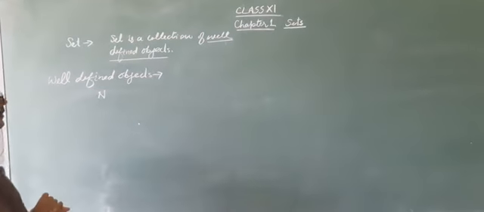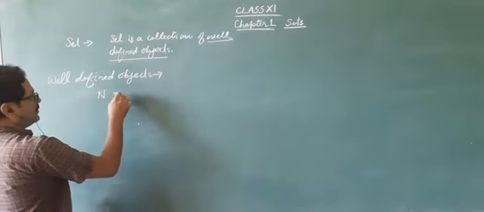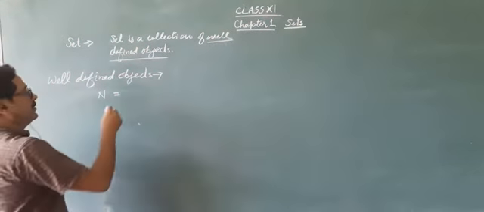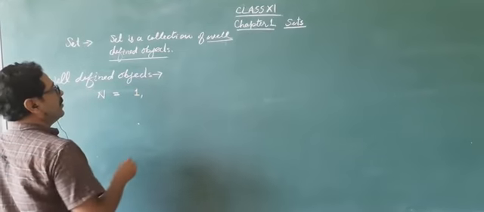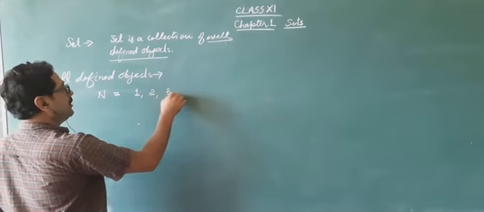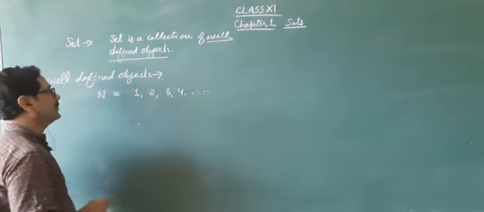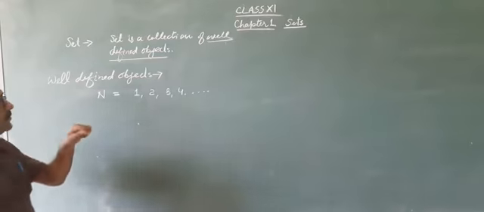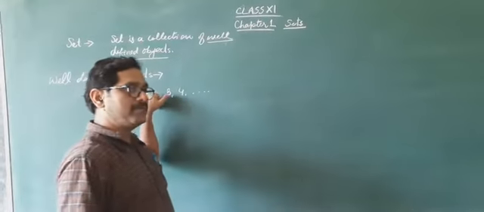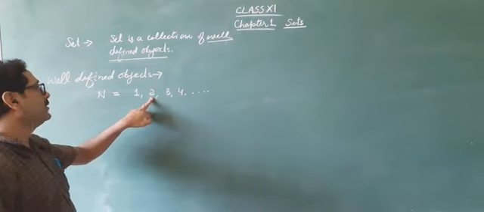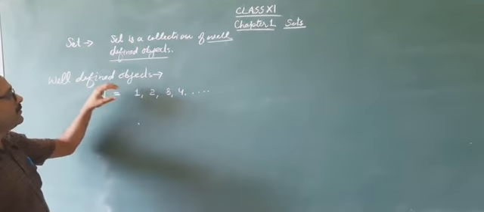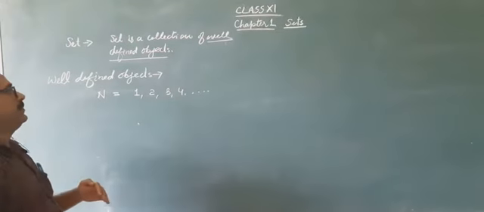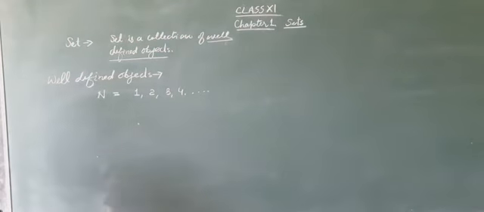Suppose that N, as we know, is the set of natural numbers and we write it as 1, 2, 3, 4 and so on. So these are natural numbers. 1 is a natural number, 2 is a natural number, 3 is a natural number. All these numbers have the same property, that is natural number.